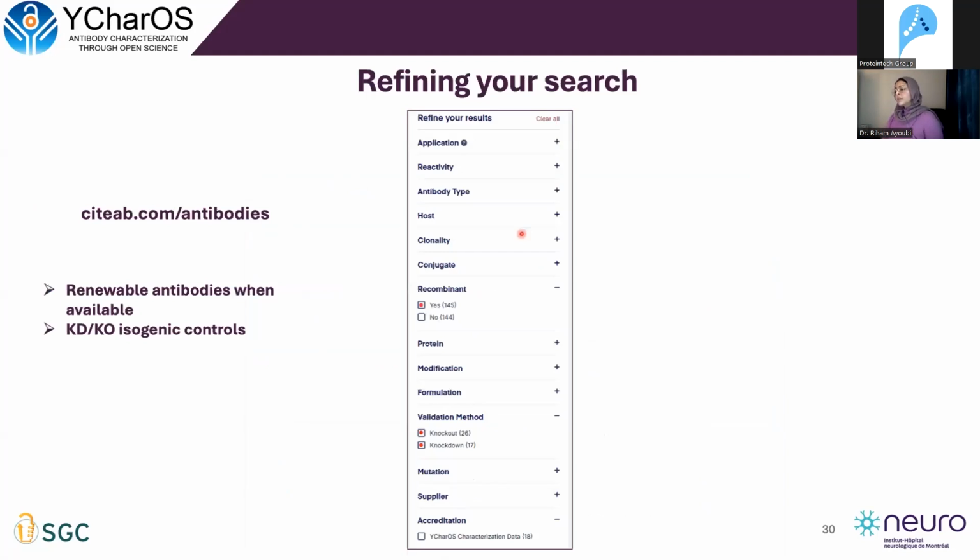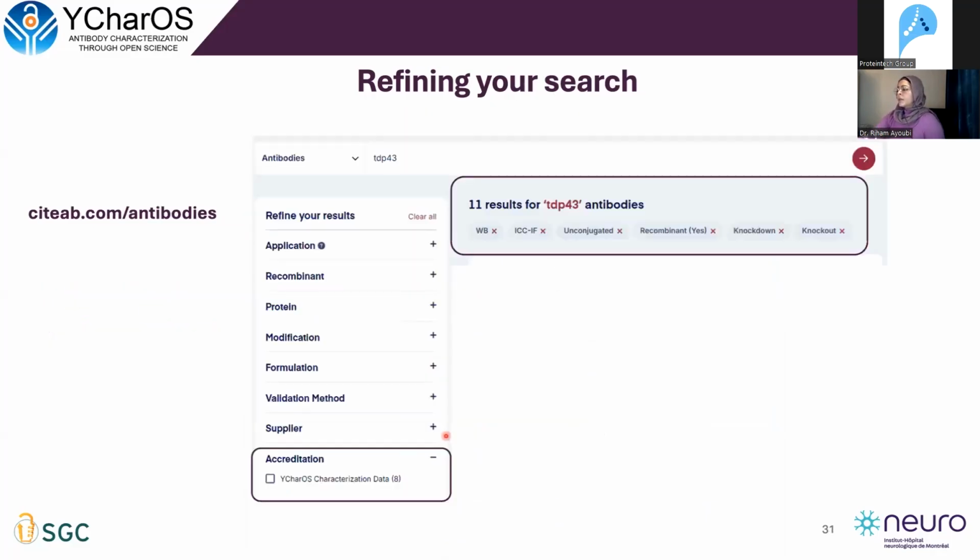So to refine the search and for reproducible results, recombinants with genetic validations were my preference here. And after applying a couple more filters like the needed applications, here I chose Western blotting and IF, for example, I was left with 11 options.